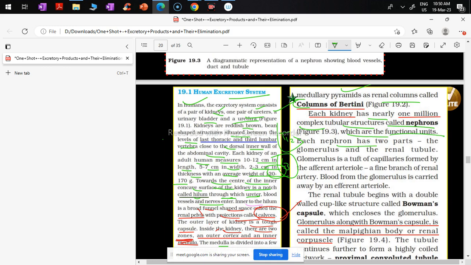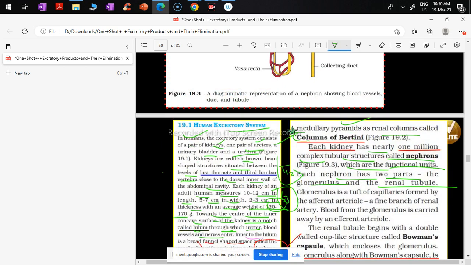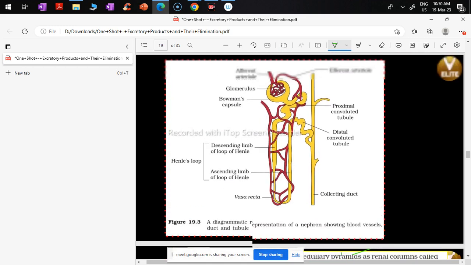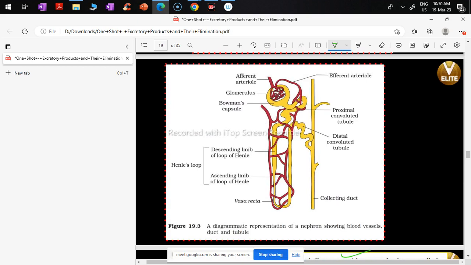So each nephron has two parts. What are the two parts of each nephron? The two main parts are your glomerulus, and the second one is your renal tubule. You can see in this figure 19.3, the glomerulus is a tuft of capillaries, or group of capillaries, you can see here with this red color.